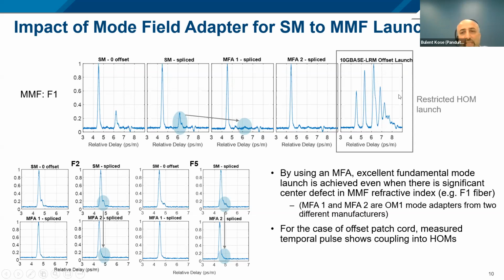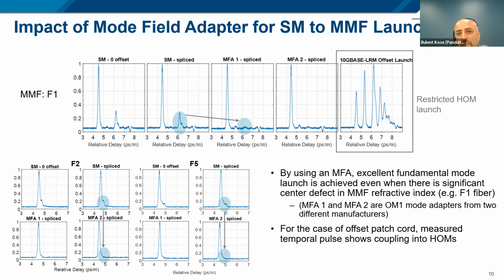Again, the idea of the mode conditioning patch cord is to try to couple into middle mode groups, which in the case of OM1 fiber is a very high number of mode groups. I think there are 19 mode groups for 50 microns. For 62.5 micron, there should be around maybe 20, 30 or something. I don't recall exactly the number right now.